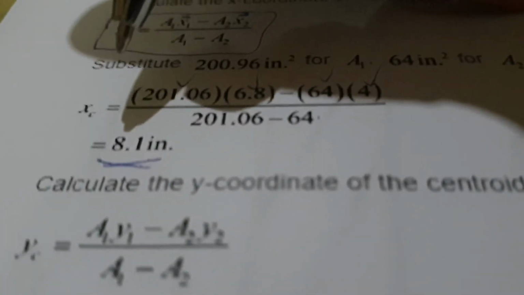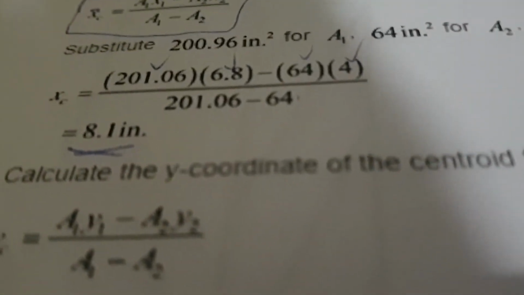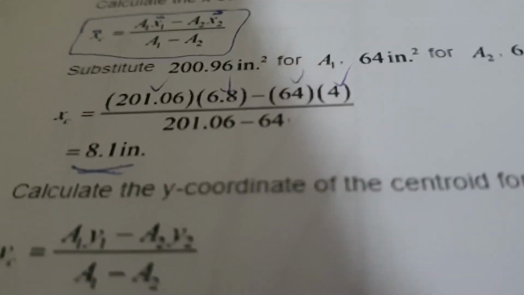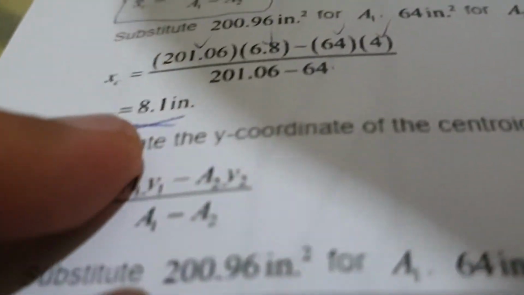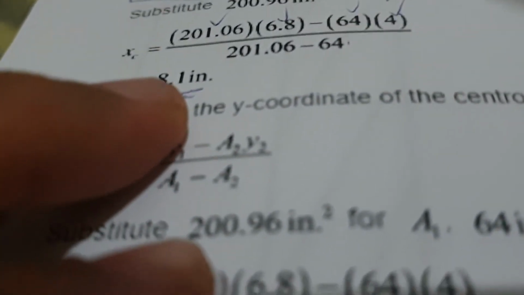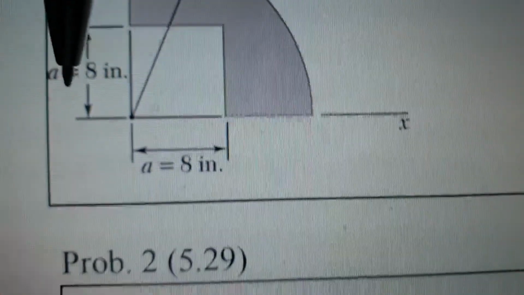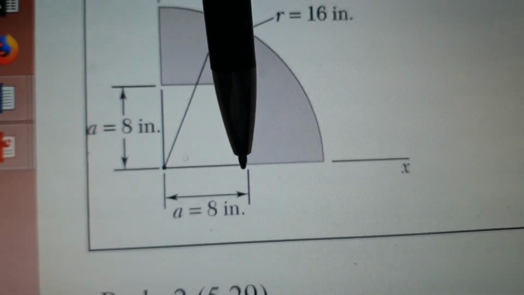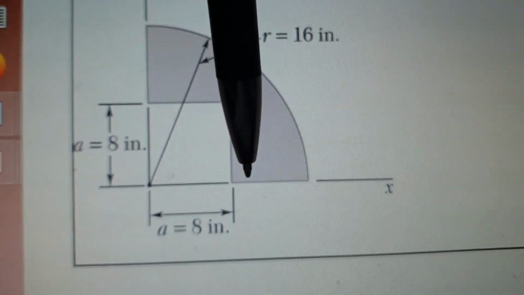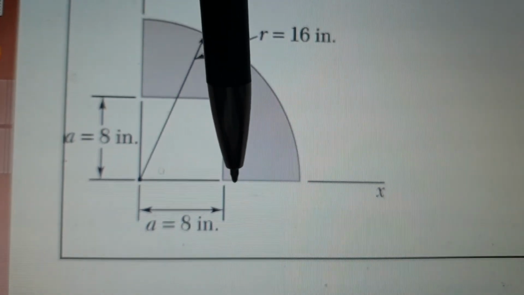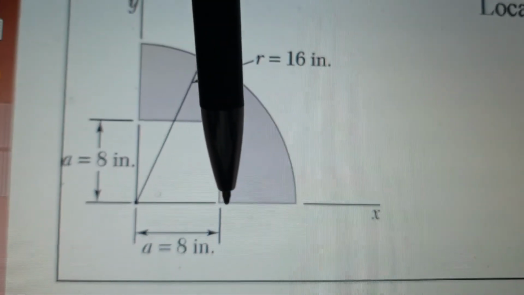Area 2, remember, is subtracted. This is by definition how we find the centroid of the whole shape. You'll get 8.1 inches, which is the distance on the x-axis. If you go for xc 8.1, let's look at the curve. This is 8 inch, so the centroid is somewhere after the 8 inch by 0.1 inch.